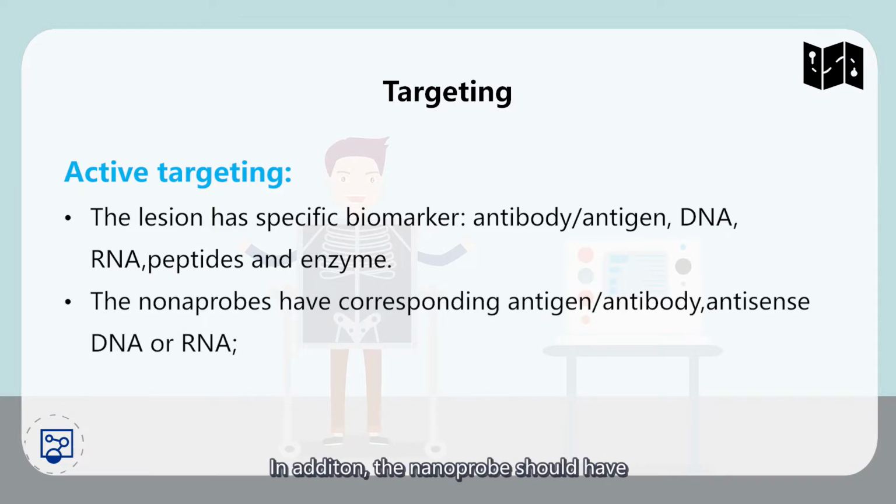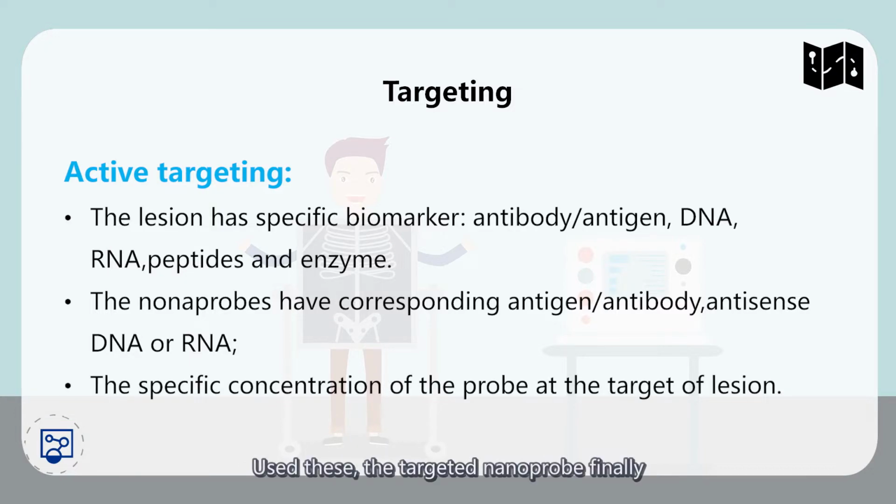In addition, the nanoprobe should have a corresponding antigen or antibody, antisense DNA or RNA, or others, which can bind to the target in the lesion. Using this, the targeted nanoprobe finally reaches the target with high density and achieves specific imaging and diagnosis of the disease.